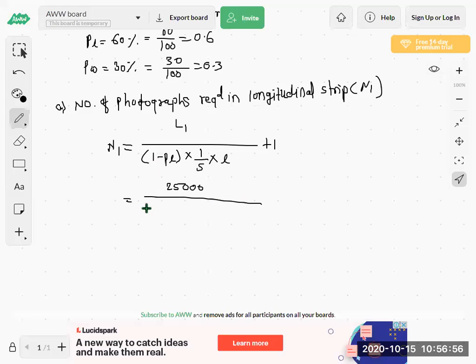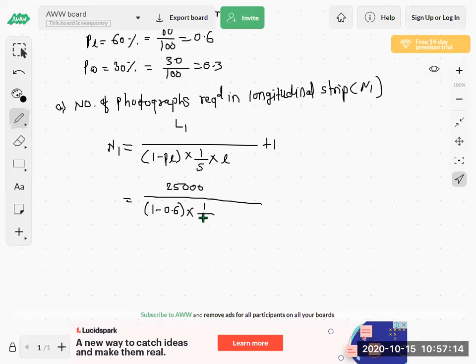Then the denominator, 1 minus PL. What is PL? PL is the longitudinal overlap. How much is written here? 0.6. Longitudinal overlap 60% means 0.6, into 1 divided by the scale of photograph.